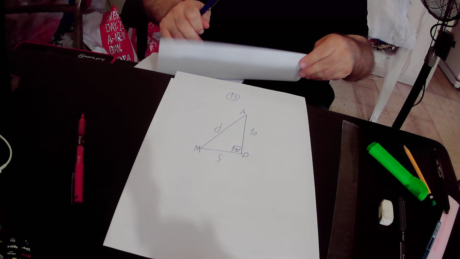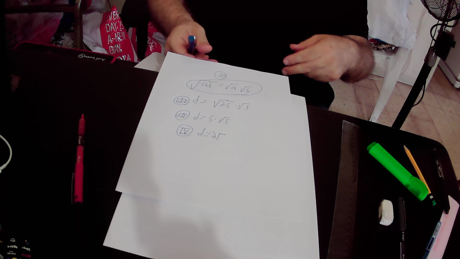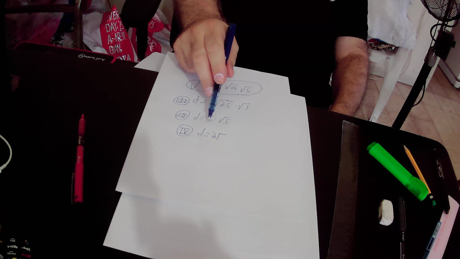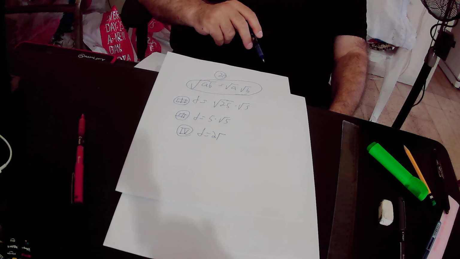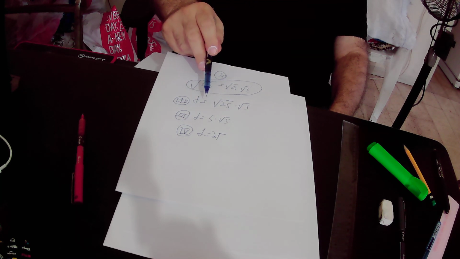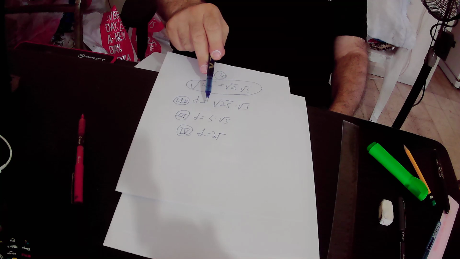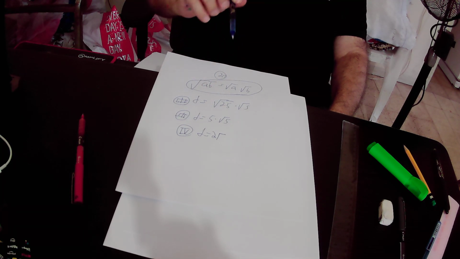That is our fourth equation. But from the third equation, we know that the value of d is 5 times root 5, so we can substitute d by 5 times root 5.